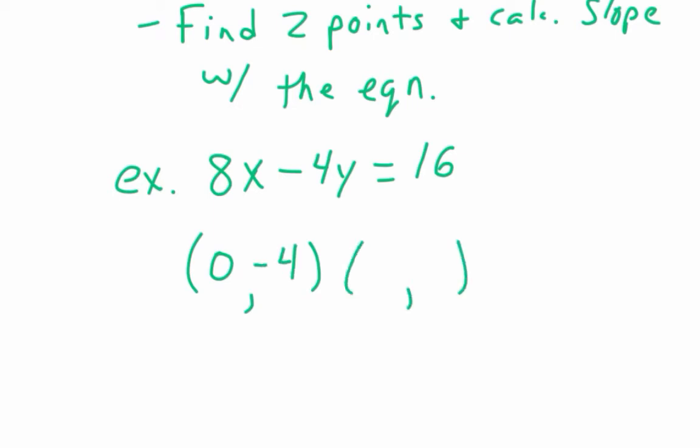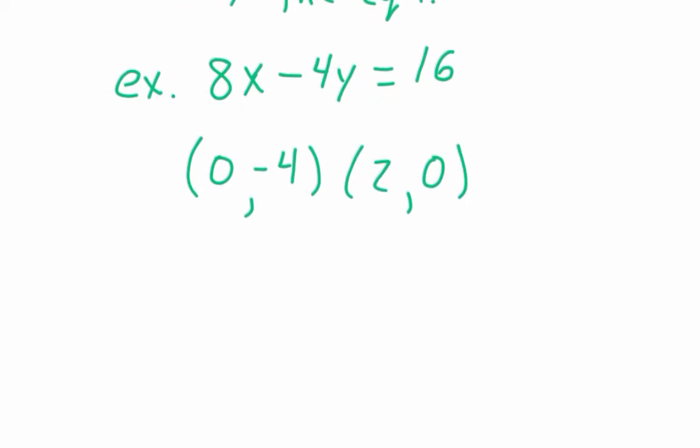For my next point, I'll put a 0 in for y, just because that's easier than putting in other values. So now I have a minus 4 times 0, so that just drops out. 8x equals 16, so x has to be 2. And I'll label x1, y1, x2, y2, to try to model that.